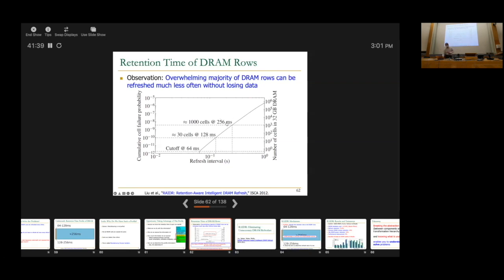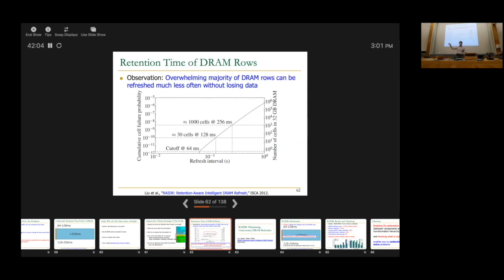Not bad. You can fix that some way. If you refresh every 256 milliseconds, only 1,000 rows go bad. It says cells over here, but take that as rows because they're randomly distributed across the chip. Basically, you can cut the refresh rate by 4x, reduce the refreshes by 75% by producing unreliable rows, only 1,000 unreliable rows. That may be doable, right?